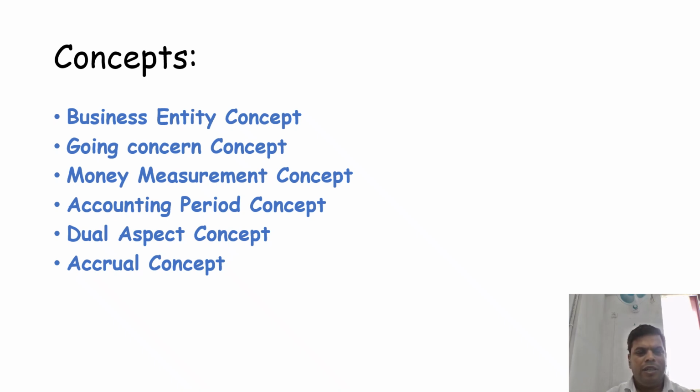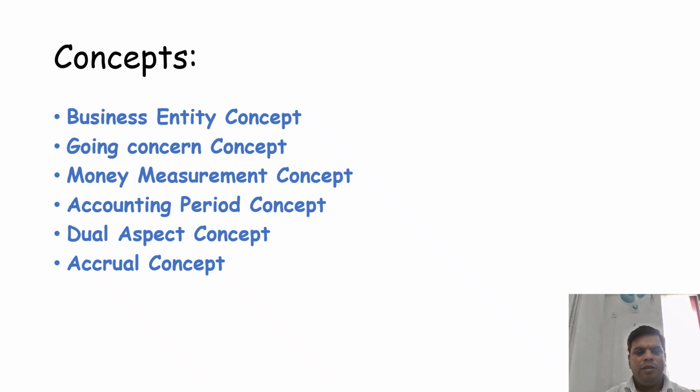When we talk about the business entity concept, it says there is a difference between owner and business. It shows the owner is different from the business. Like I take one example of Reliance company. Reliance is separate from its owner. Reliance is a separate entity and Mukesh Ambani is a separate entity.